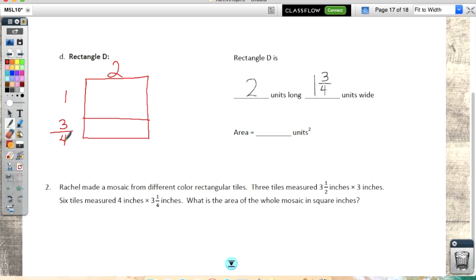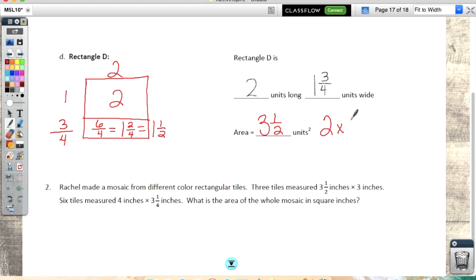Okay, so I've got 1 times 2 and 3/4 times 2, 6/4, which equals 1 2/4, which equals 1 1/2. Very good. So the answer to this? 3 1/2. Good. And what would this look like to solve it numerically?